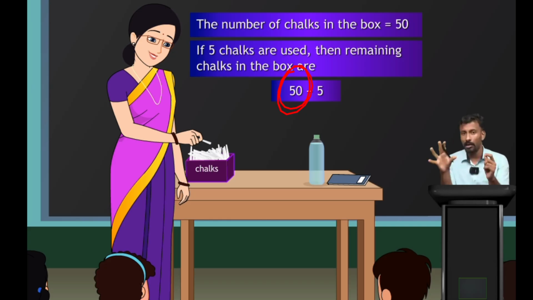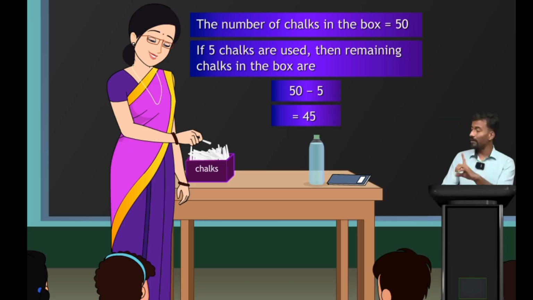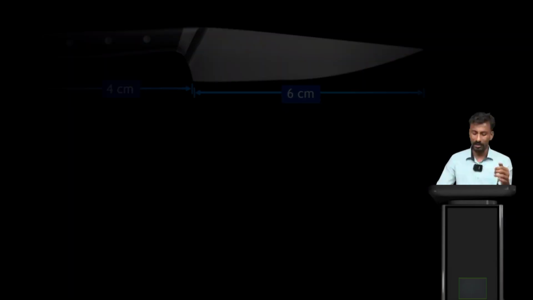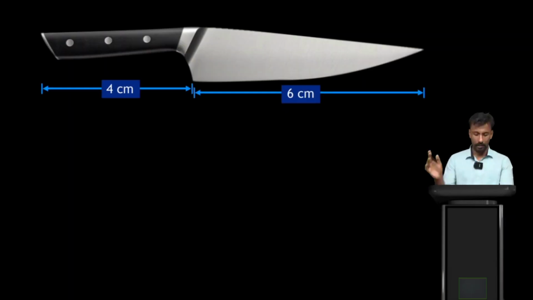We have to subtract the number of taken out chalks from the total number of chalks. Clear? So here we have written 50 minus 5, and simply it will be 45. So the remaining chalks in that box will be 45. Clear? Very good.